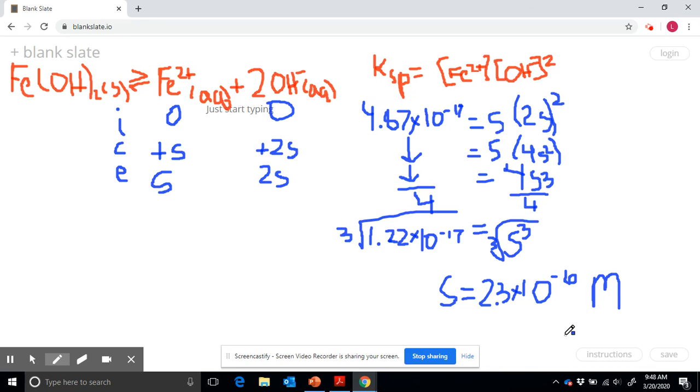So the most amount of iron 2 hydroxide that will dissolve in water is 2.3 times 10 to the negative 6 molar. That is all that will dissolve, okay? That is at some certain temperature. That is when we are in water. We know that only 2.3 times 10 to the negative 6 moles will dissolve in 1 liter of water. Stay tuned for the next video.